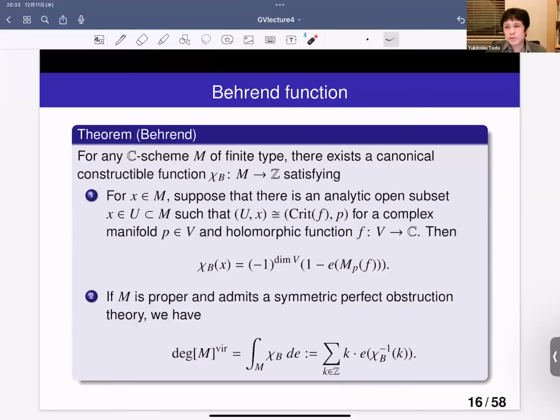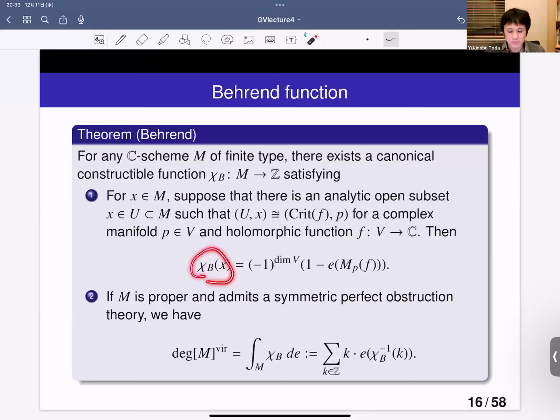In particular, when the moduli space is smooth, then this chi_B is in fact a locally constant function. It is just the (-1) power of the dimension of the moduli space. So using this description, we can recover the previous computation using the Euler class of the obstruction space. And in general, the moduli space has singularities.